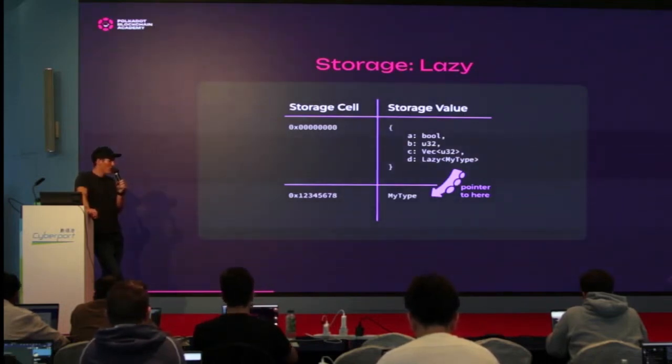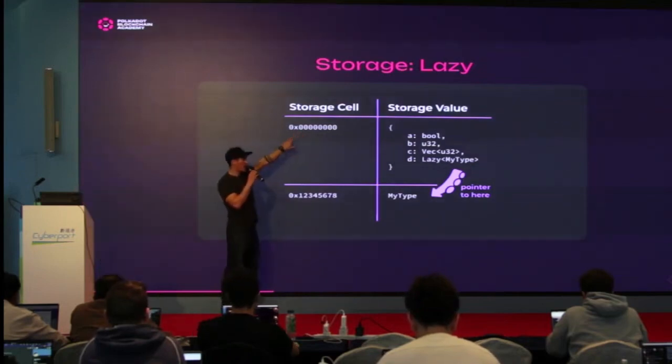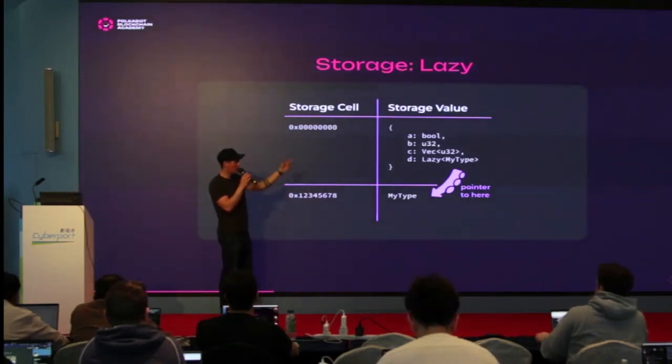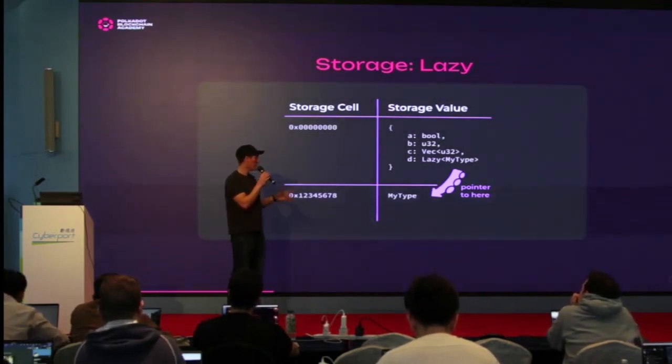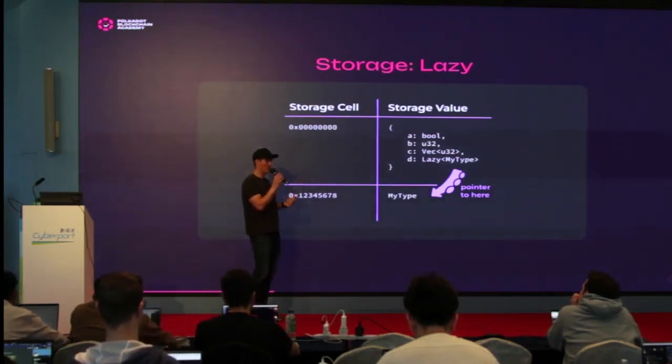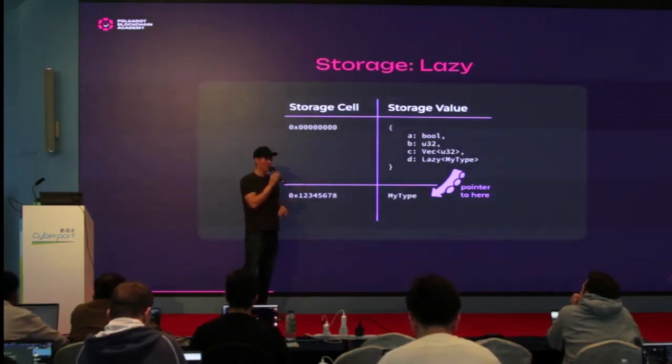Because you have to lift all of this, it lives under that cell. So the moment you read it, you have to decode all of them. You have to know: is it a boolean, an integer, a vector, a struct, whatever. And if it's packed into the lazy type, you do not pay for that. It just knows, oh, that's a pointer.